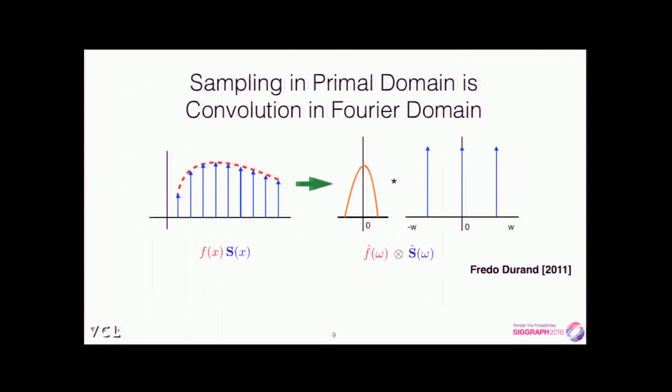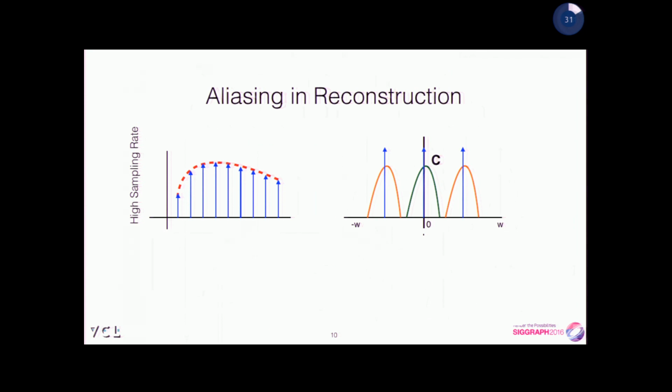So it's a convolution in the Fourier domain. All the stuff we've seen. F hat is this orange thing. This is the sampled signal f(x) times s(x). So what happens is you put copies of this at each peak, right? And if they don't intersect, you can simply do a band pass.